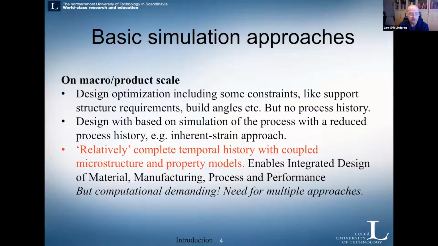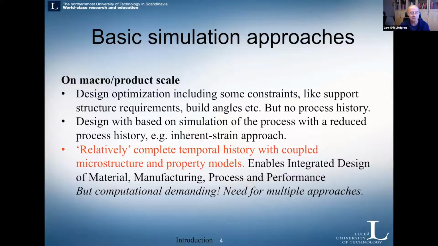You can, of course, do then more simplified analysis, particularly for powder bed processes, where you have a large number of layers, you will want to reduce some of the history of the material behavior. And a typical inherent strain approach, I think Albert too will talk about that later this afternoon.